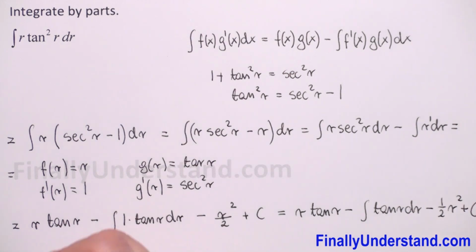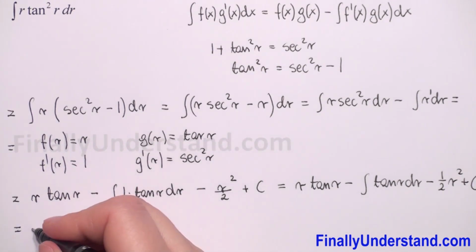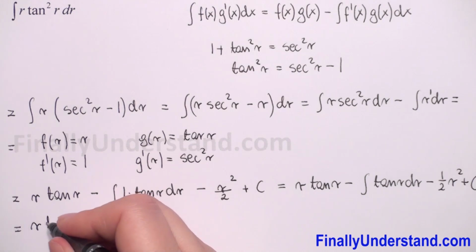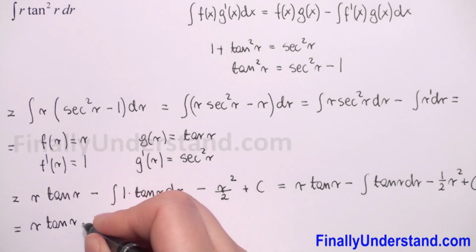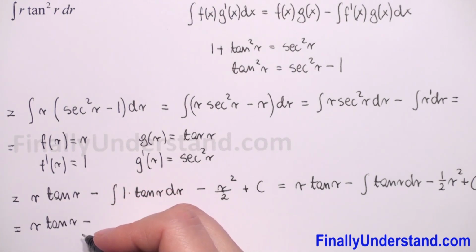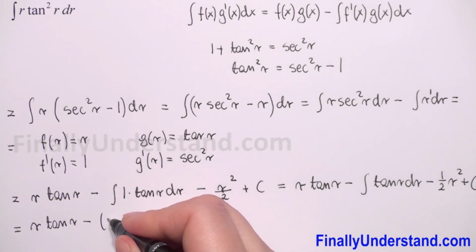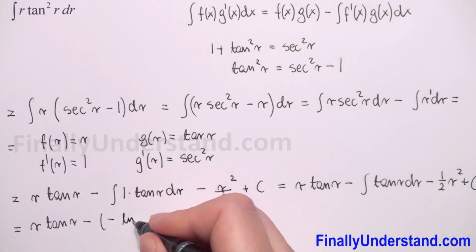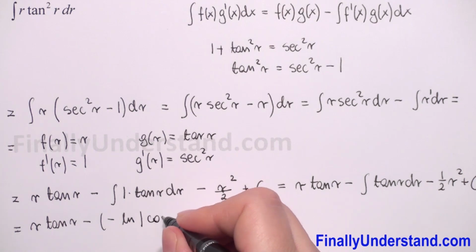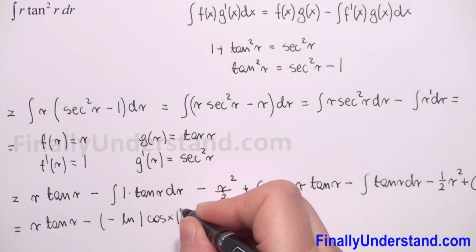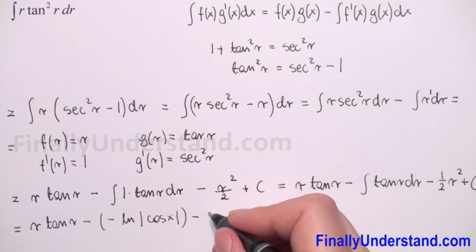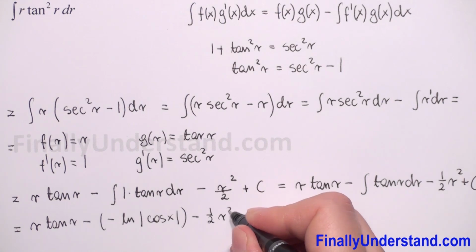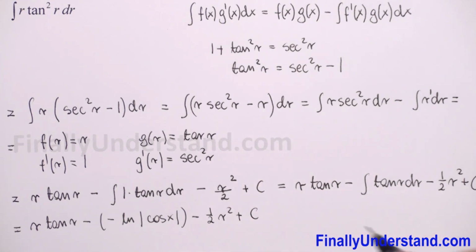So this is equal to r times tangent r minus the integral of tangent, which is negative natural logarithm of the absolute value of cosine of r, and we have minus 1/2 r square plus c.